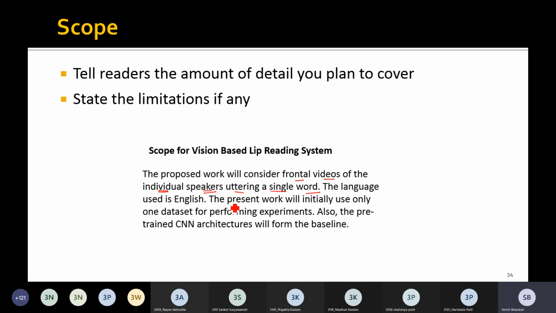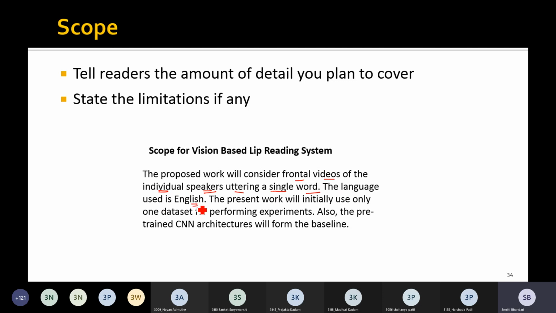Instead, in this initial work the scope has been limited such that the speakers are uttering a single word at a time. So whatever lip movements are acquired are for the single word, not for the entire sentence.